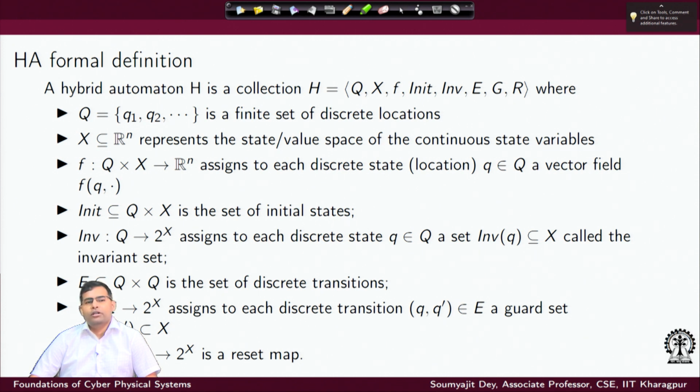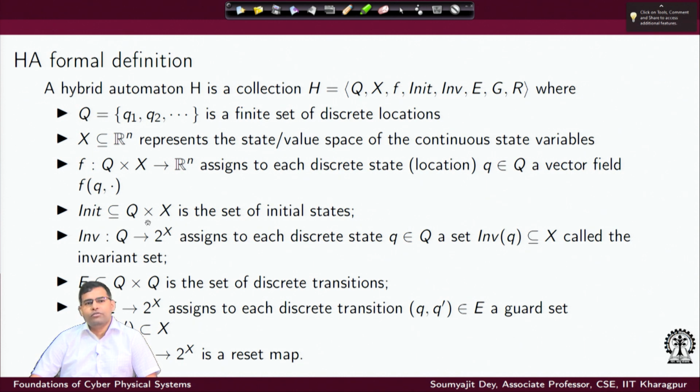For example, let us say I am talking about R square as its space, and there are two variables x and y. Then x less than y is a relation which captures a subspace of R square. In the same spirit, we will have a set of inequalities or some complex relations which will typically tell me which subspace I am talking about here as well as here.